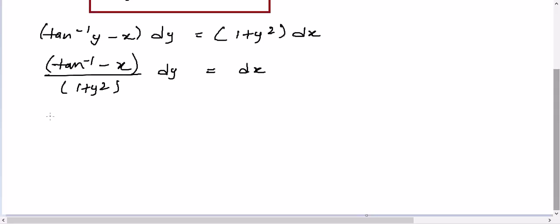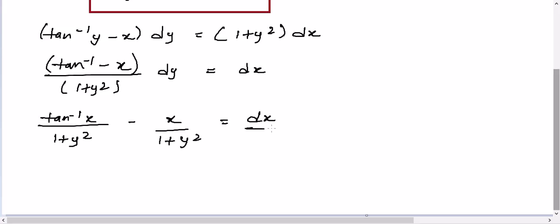Now the next step is dividing both sides by dy. When we divide both sides by dy, on the left side we won't have the dy term. It will only be the tan inverse term divided by 1 plus y square plus this term, and on the right side we'll have dx by dy.